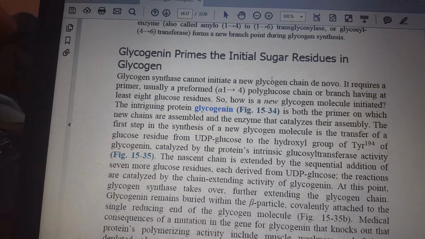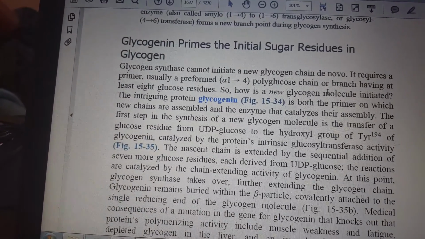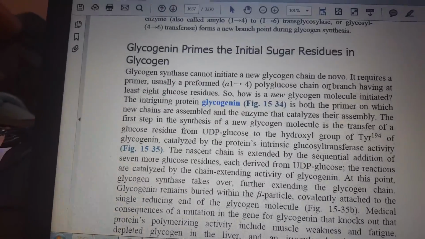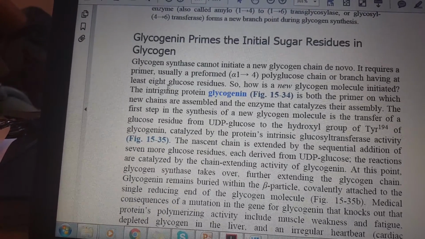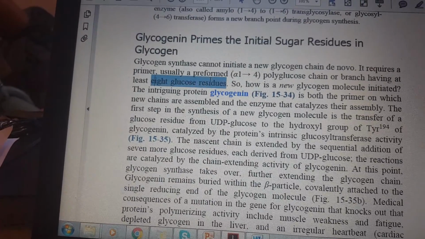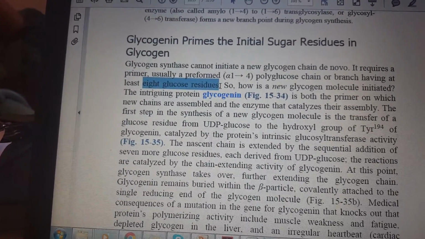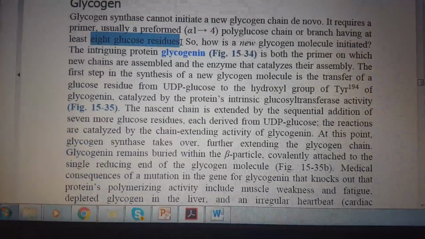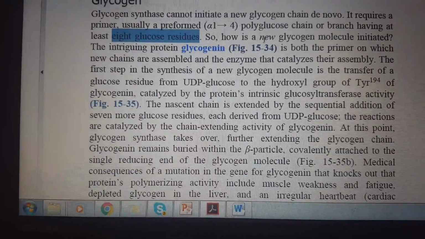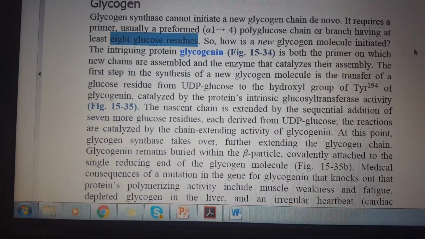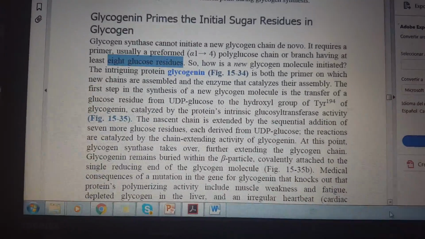Glycogenin is going to synthesize glycogen chains de novo, but after the 8 glucose residues are synthesized by this enzyme, glycogenin is going to be separated from the molecule to initiate another primer. So we're going to see this image here.